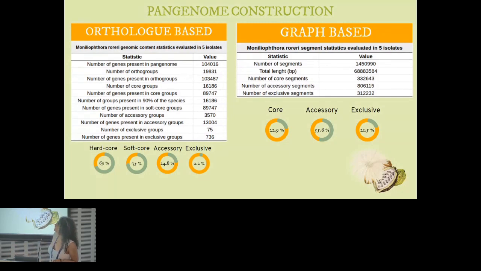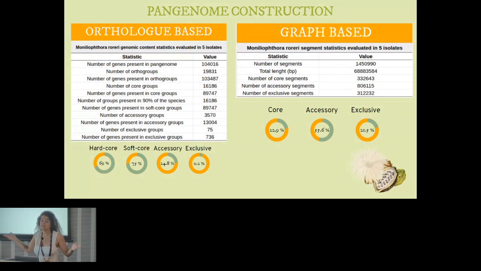And this was really interesting when we built the graph-based pangenome, because we found in the accessory and exclusive the majority of the genes, which is not very usual, because you would expect you would have more genes in the core, right? In the essential genes. So that was one of our most interesting findings at first.